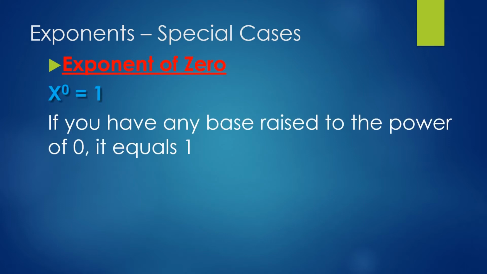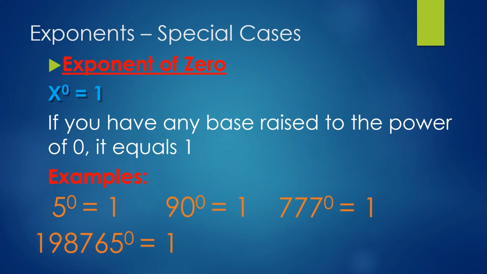So no matter what the number is, if you have any base raised to the power of 0, it equals 1. So for example, 5 to the power of 0 equals 1. 90 to the power of 0 equals 1. 777 to the power of 0 equals 1.